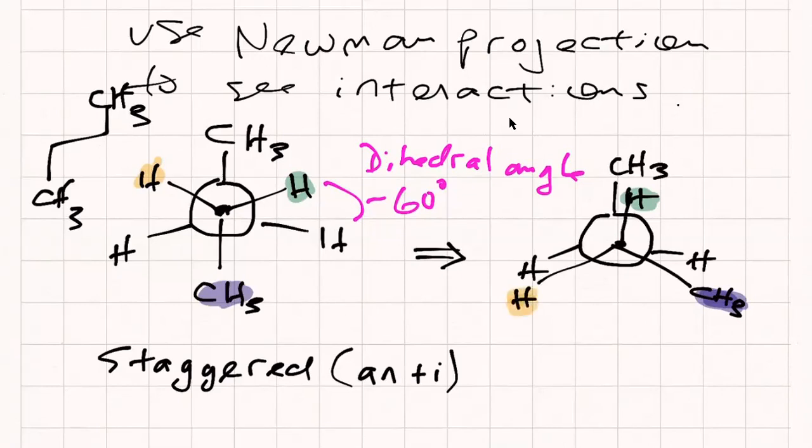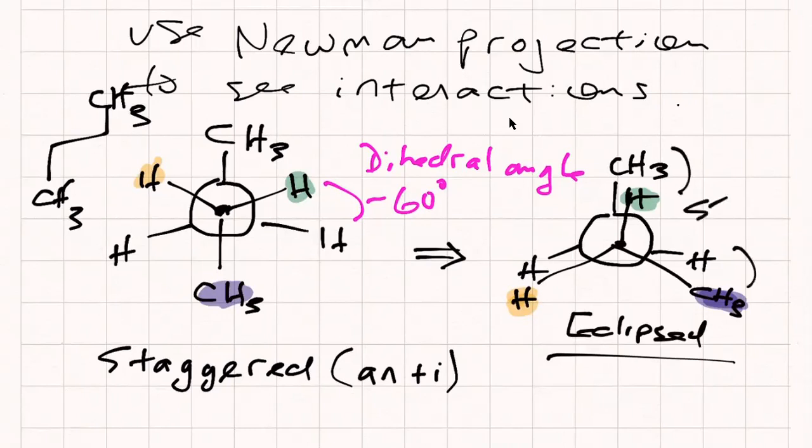So this conformation is what we call eclipsed. It costs energy for those methyls and hydrogens to overlap. So this is all here, all that steric strain. The two hydrogens overlapping is more what we call torsional strain.